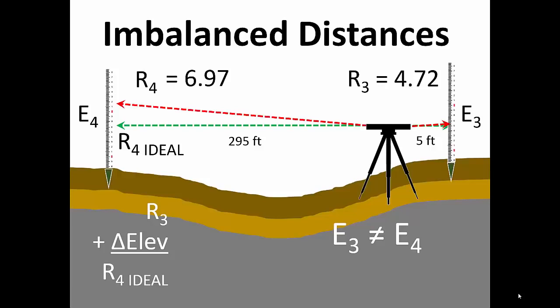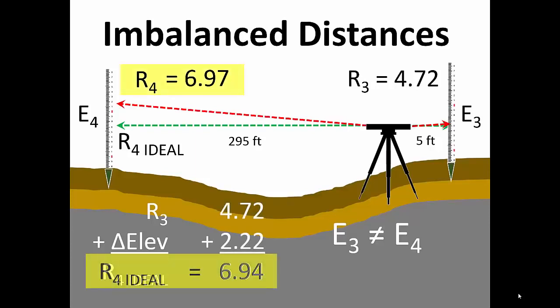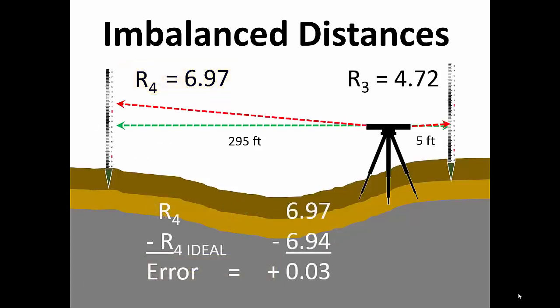However, if the instrument requires adjustment, then R4 ideal will not equal reading R4, as you see here. When we subtract R4 ideal from reading R4, the difference is the vertical error in the instrument line of sight.